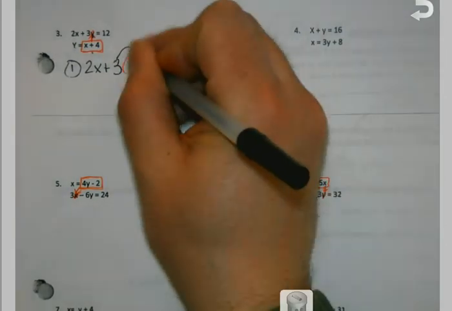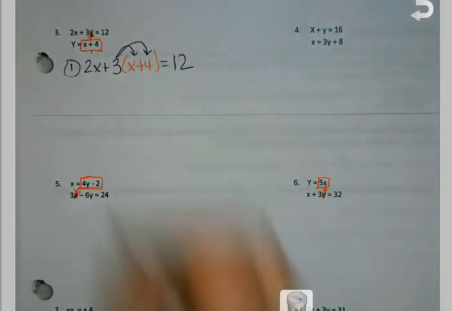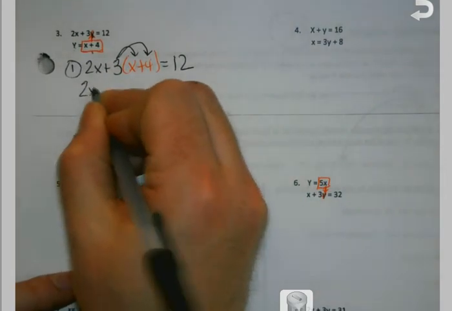So what we're doing here, we took out the y. Now I only have one variable left, x. And like we've done in the others, if I see parentheses, and I do, I've got to do my distributing because I've got to work on getting my x's together.